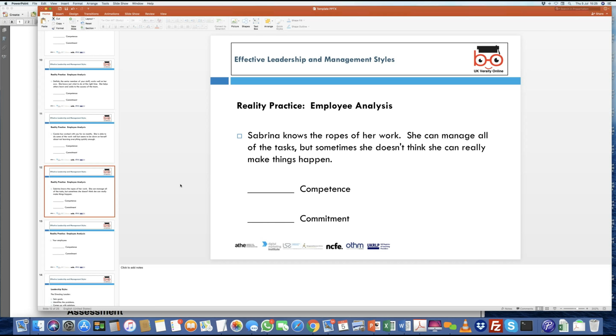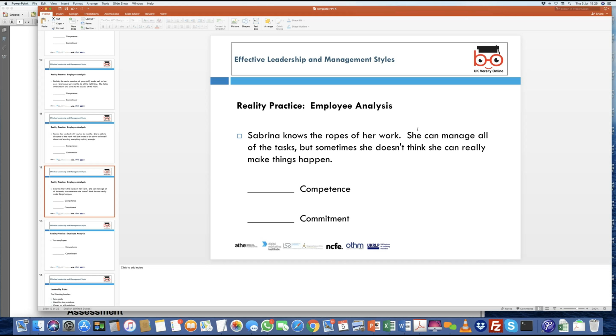I know she's competent, but because of the last line, if you read, she doesn't think she can make things happen. So this is a balance between 50-50. But when you look at it, she can manage all the tasks. That means she has competence, no doubt. But when it says but, sometimes she doesn't think she can really make things happen, it's to do with commitment.